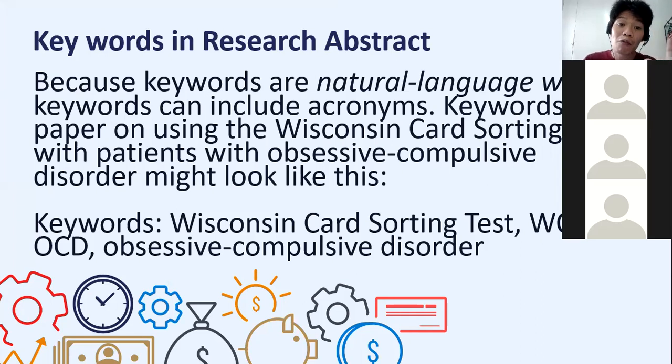So that's one of the functions of hashtags. It can archive all the related posts that use the hashtag. The same thing applies to keywords in a research abstract, the same principle.